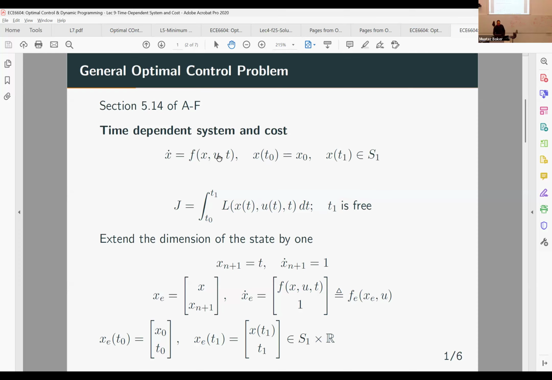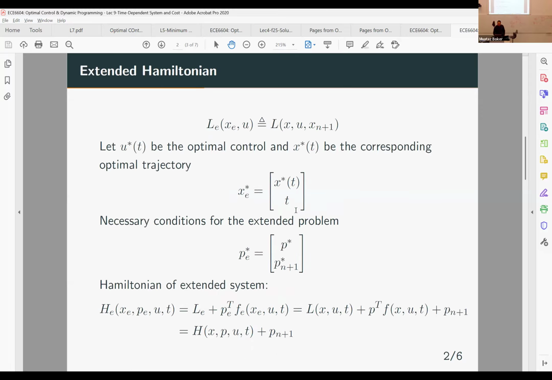So this is the general case where it appears both here and here. This is why I have x of n plus 1, which is t, right? Now, this part here is nothing but the original Hamiltonian, plus p n plus 1.